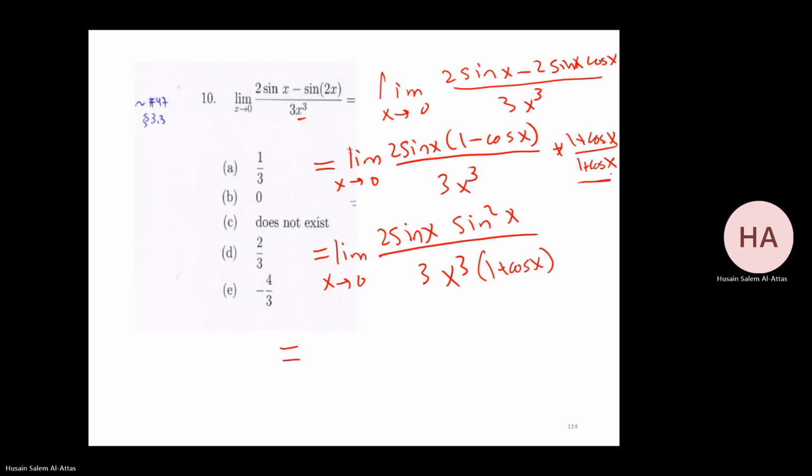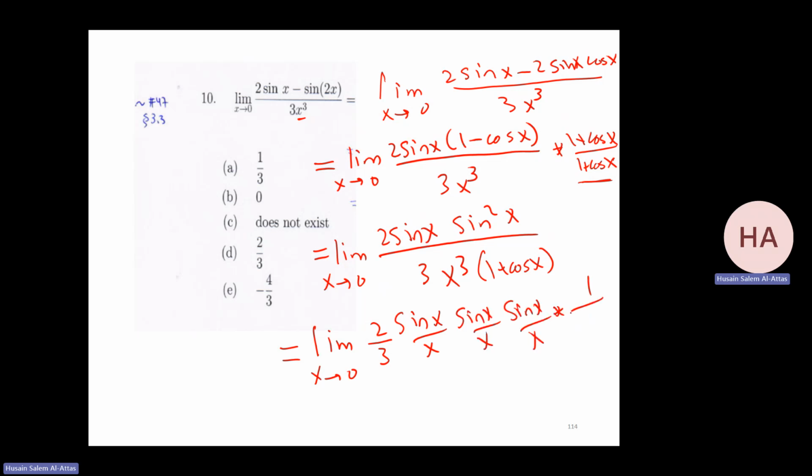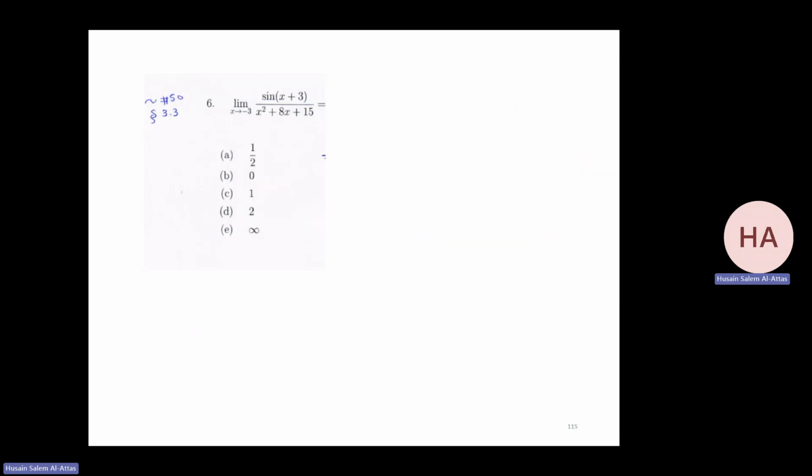So I have the limit, x goes to 0, 2 over 3, sine x over x, sine x over x, sine x over x. Don't forget the last one, 1 plus cosine x. I'm doing it this way so you can see it easily. 2 over 3 times 1 times 1 times 1 times 1 over 2. The answer is 1 over 3. That will be my answer.